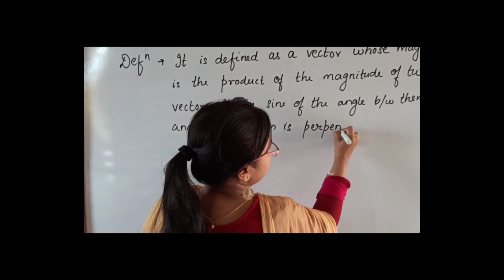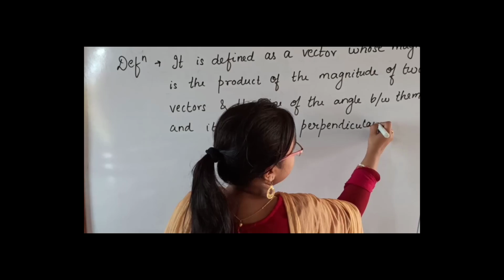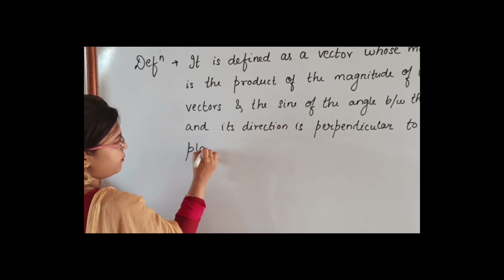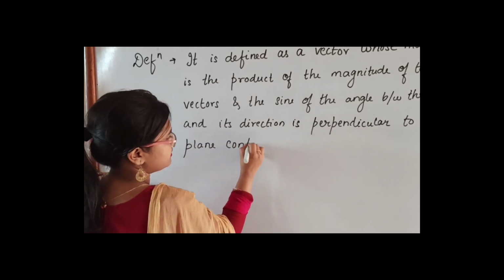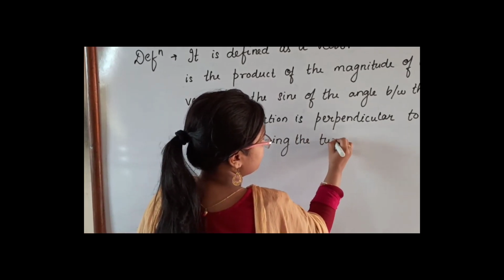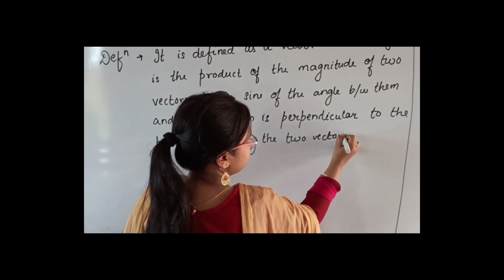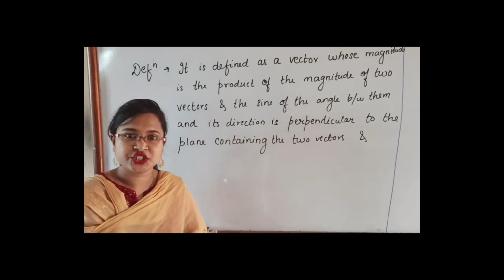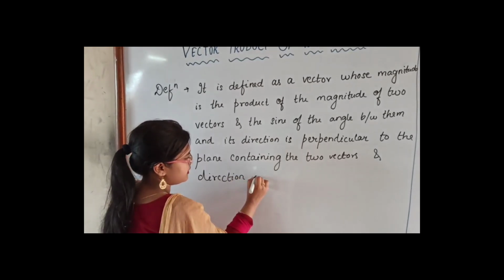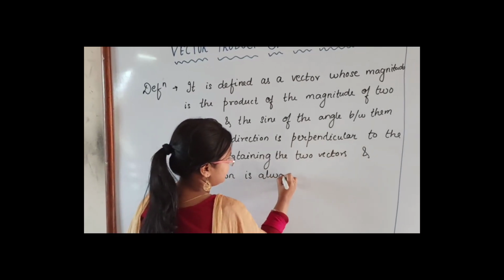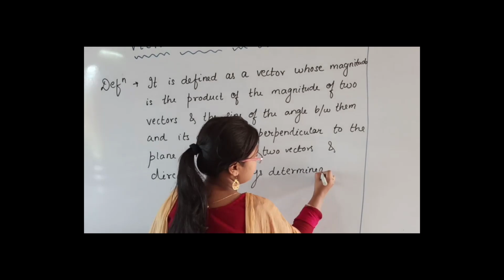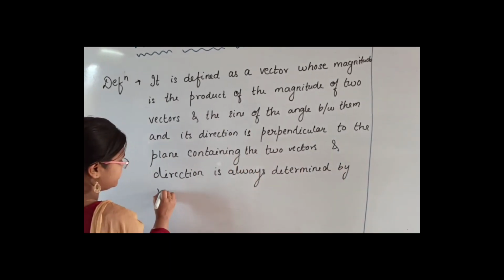It is perpendicular to the plane containing the two vectors, and the direction is always determined by the right hand rule.